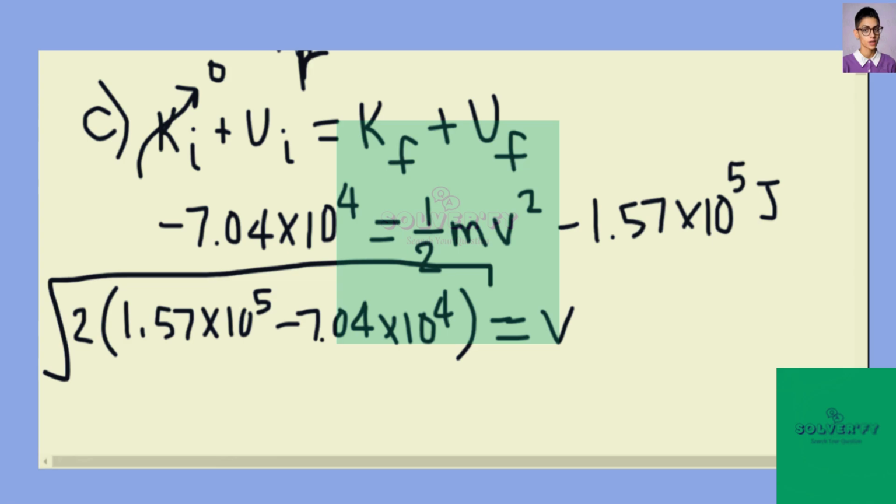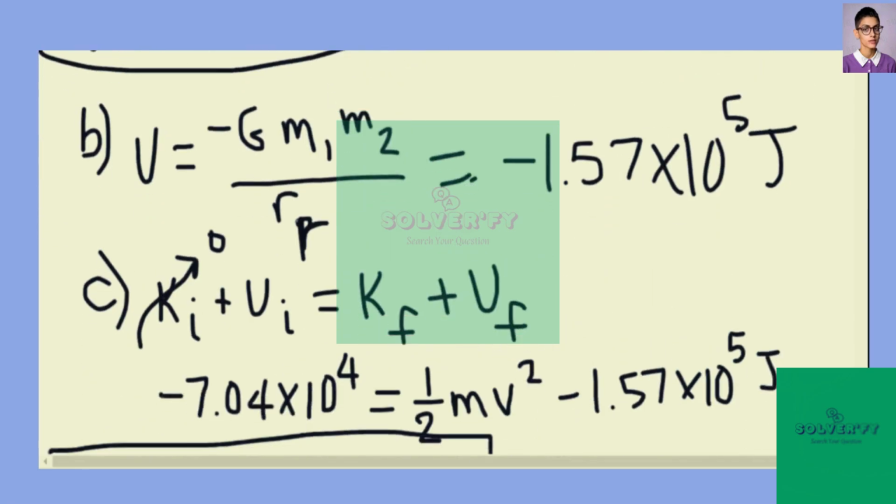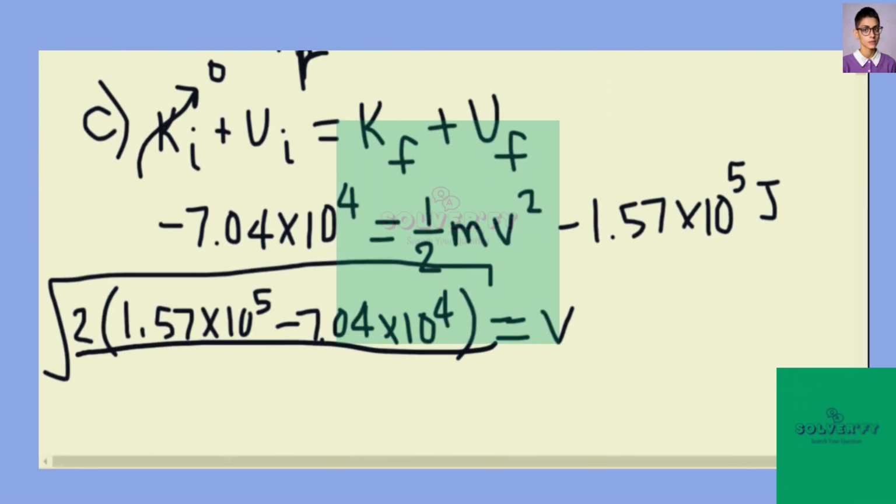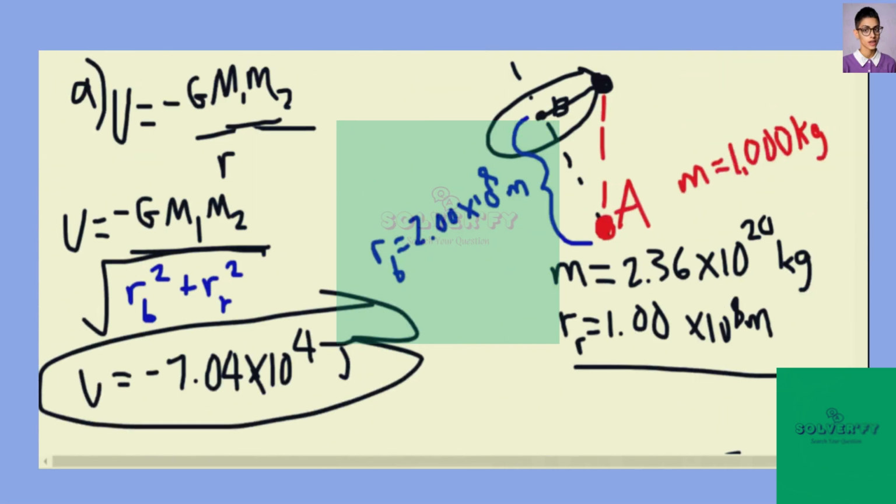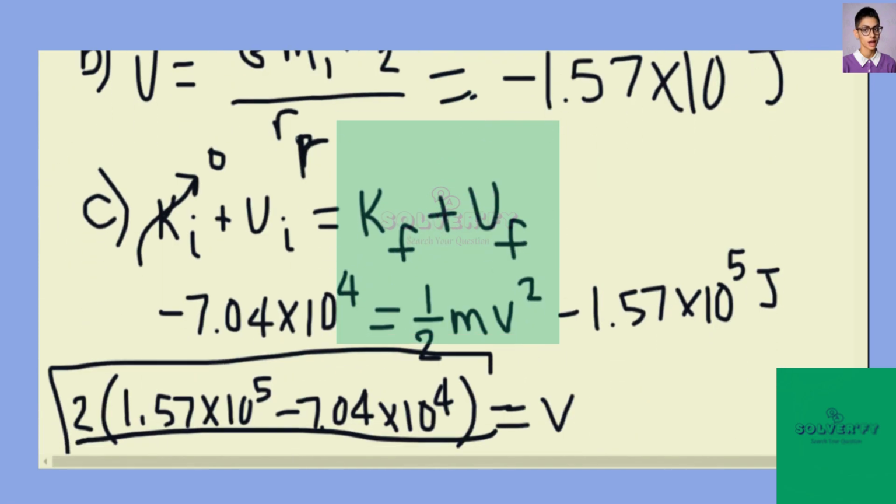looks like I lost my mass. So we are going to have to divide by the mass. And this is going to be the mass of the object, which is going to be 1,000 kilograms.